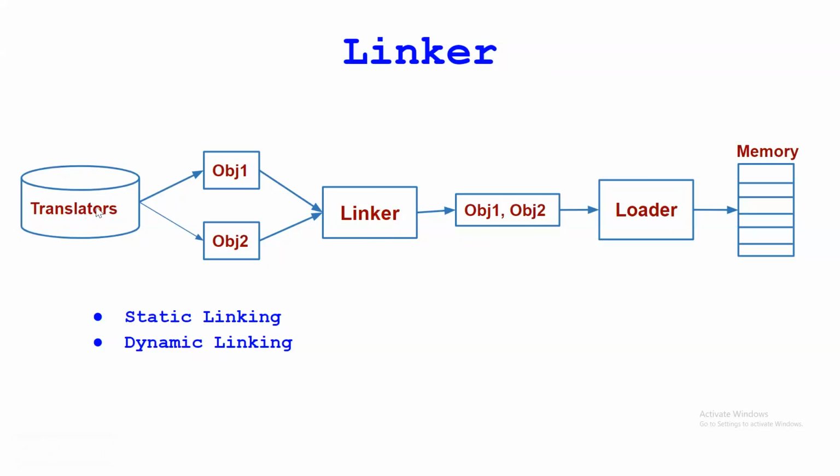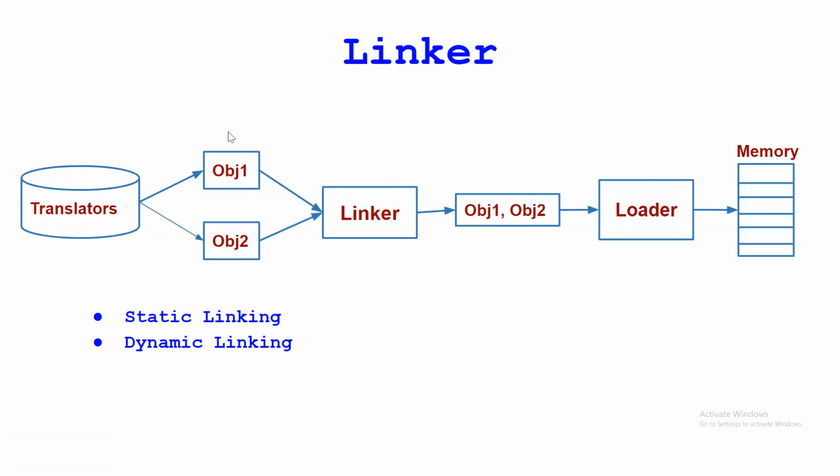Suppose the translator translates that high level language code to the object code. Suppose this is object one and this is object two, right? These two are the object files, and they have some references. So what is the aim of the linker?